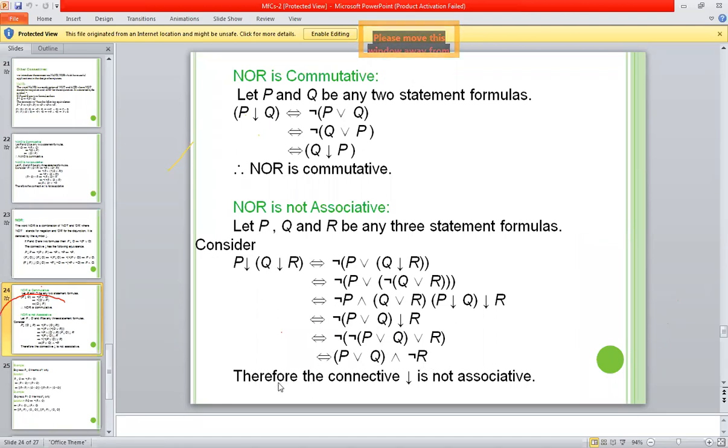So we conclude that the connective NOR is not associative.